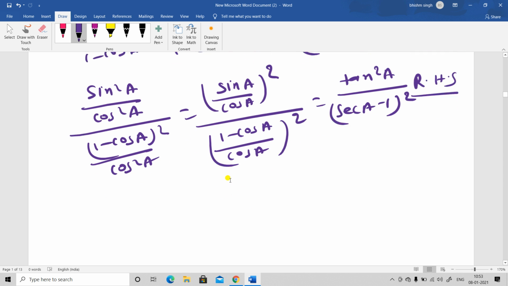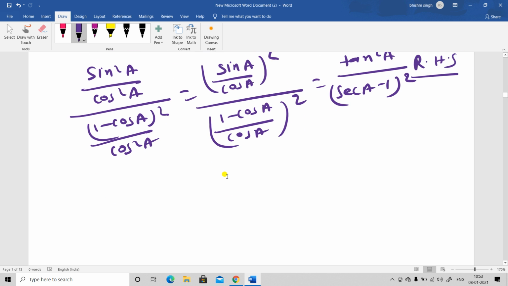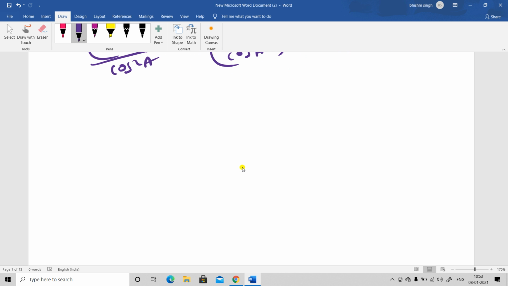Like tan square a is there now. Tan square a, what will you do on the RHS side? See, on the RHS side they have given tan square. So tan square a you convert into sec square a minus 1, and you break above and below by plus minus 1, and you will get the LHS from there also. Okay, I will give you a little clue how the same question you can do from the RHS.